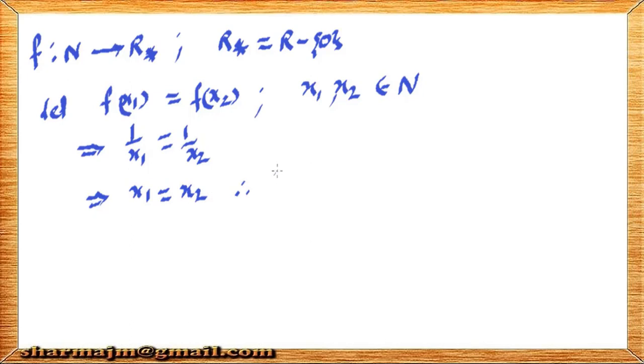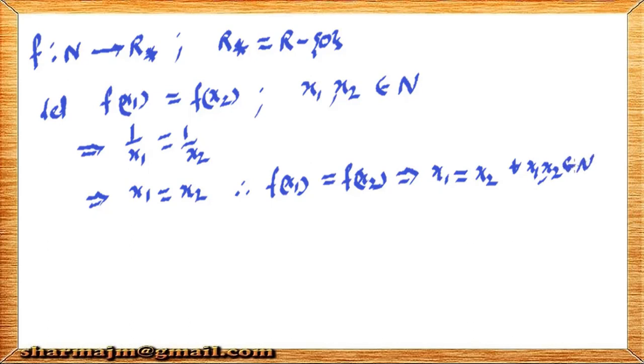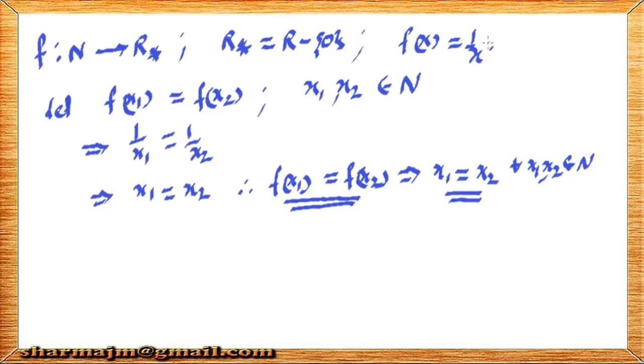So f of x1 equal to f of x2 implies x1 equal to x2 for all x1, x2 in N, because if you take two natural numbers, their reciprocals will be real and distinct. So if images are the same, their pre-images are also the same. Here the function is defined as f of x is equal to 1 by x, so the definition of the function is as earlier.